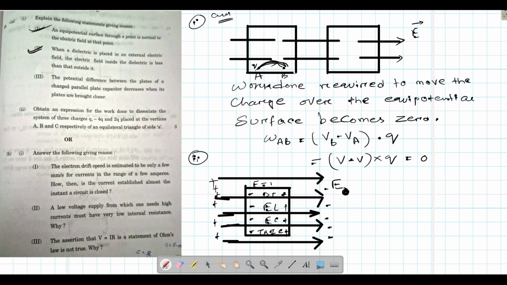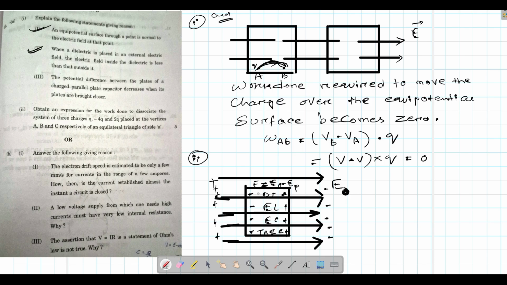E equals E0 minus EP. Resultant electric field equals how much? Resultant electric field equals E0 minus EP. So here the electric field gets reduced within the dielectric.